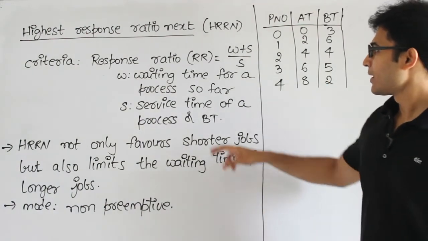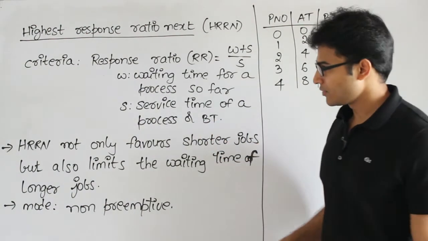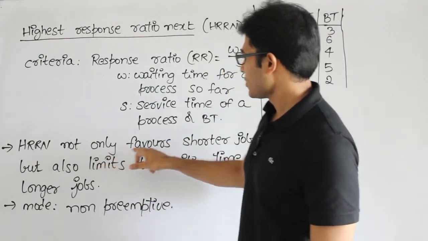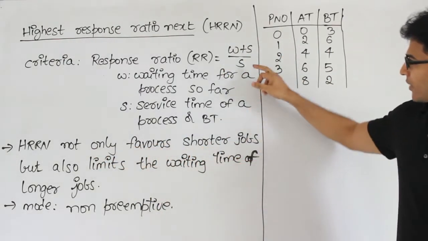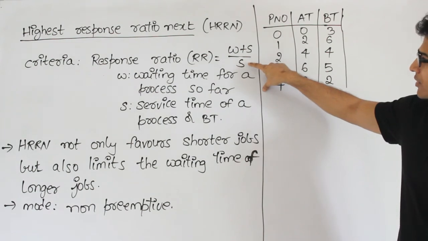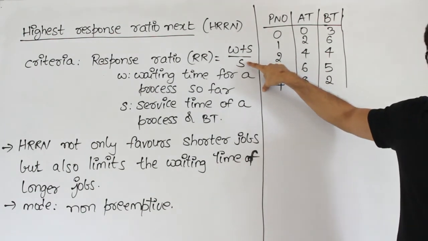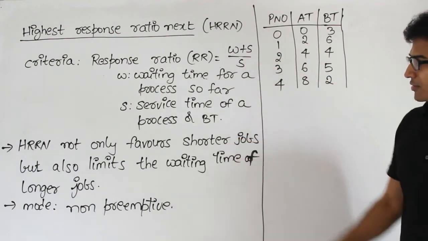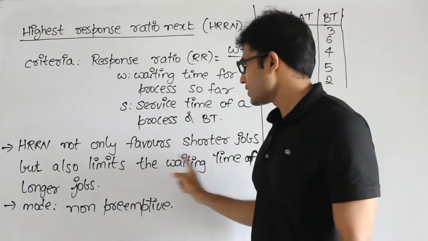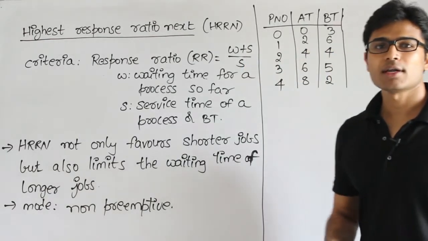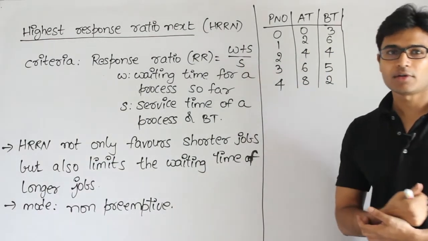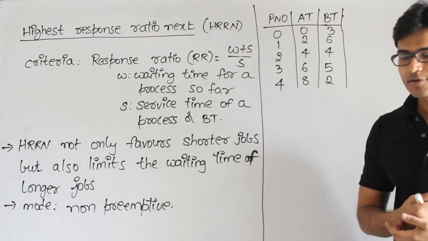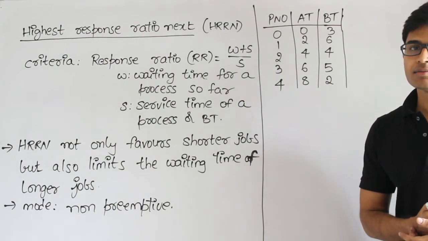HRRN not only favors the shorter jobs. It favors them because the denominator is the service time, so the lesser the service time, the higher the factor. But it also limits the waiting time of longer jobs, which means it will not let a job wait for a long time just because it has a large burst time.